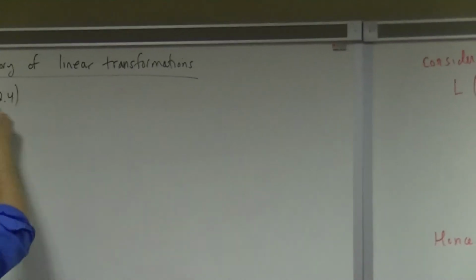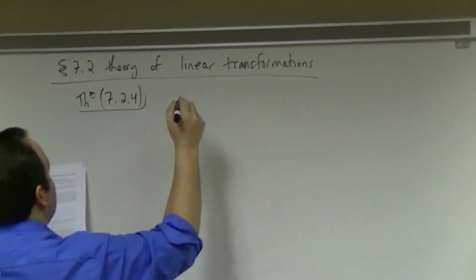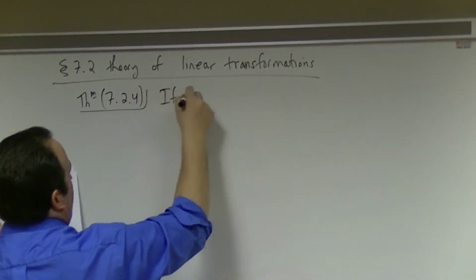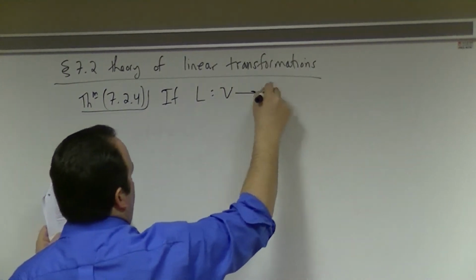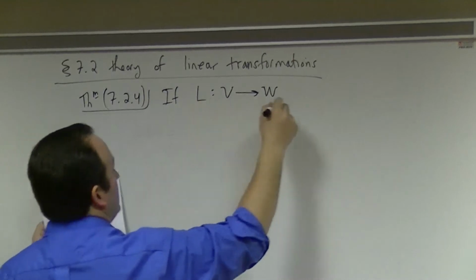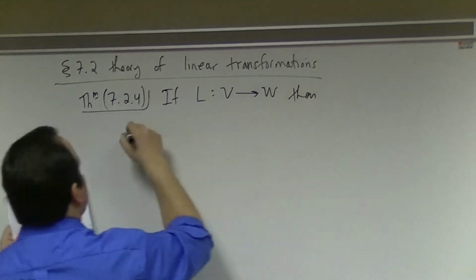Theorem 7.2.4. If L is a linear transformation from V to W yet again, then two things.